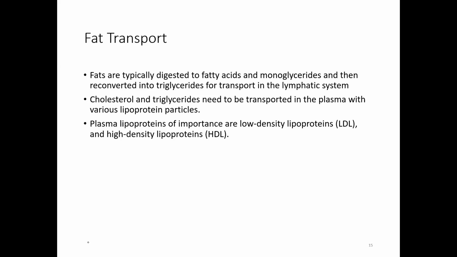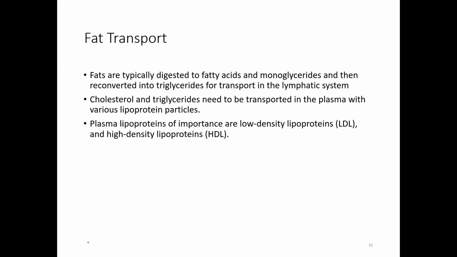So we break down the fat that we eat into monoglycerides, glycerol and one fatty acid chain, and we split off the other 2 fatty acids. Then when we get them reabsorbed, so let me back up. We break down the triglyceride into the monoglyceride and the 2 fatty acid chains that were split off.